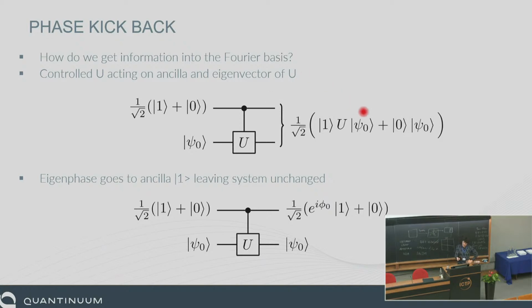But then, because this is the eigenstate, the phase just gets generated, and we can just form this product. So it's almost like this wasn't even touched. The phase gets kicked back onto the ancilla. So this is how we get the input state of the quantum Fourier transform in the way we want. This is the game we play to get the right input state to read out the phase from the Fourier basis to the phase basis.